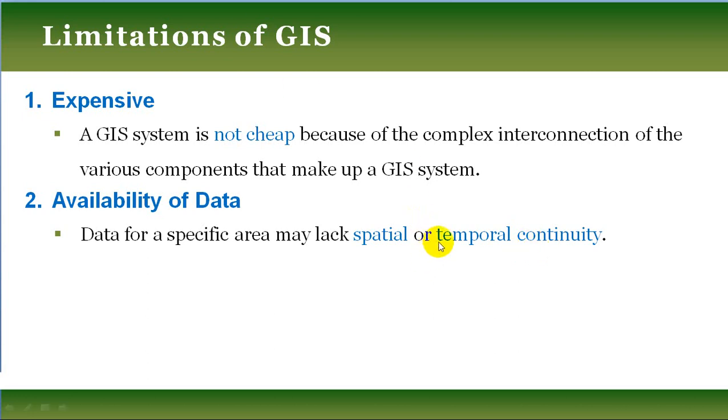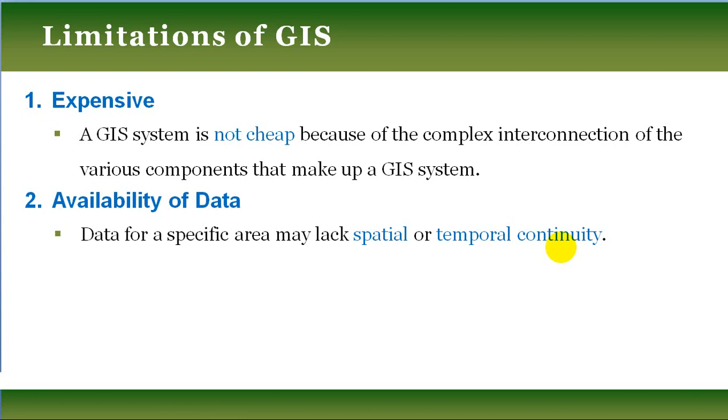And the example of temporal continuity is there. When you prepare a GIS for the KMC area, for example, you need population data for the last 10 years or the last 20 years. Now what happens, you get the population data for 1980 and 1990, but you are not getting the population data for 2000, although you already got the data for 2010.